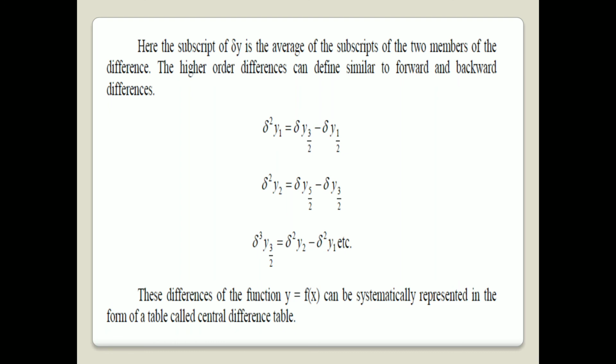And in the third step, delta cube y 3 by 2 is equal to delta square y2 minus delta square y1, etc. When we take a difference between any two terms, the central value of those two terms gives the subscript.